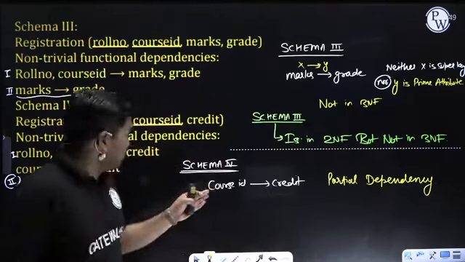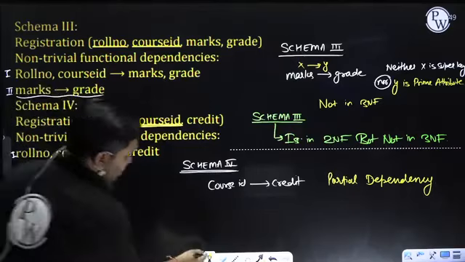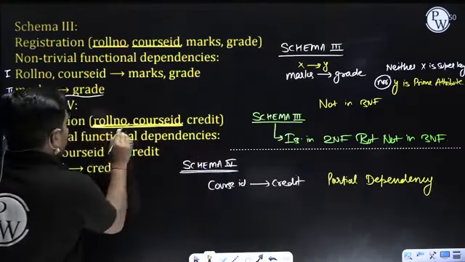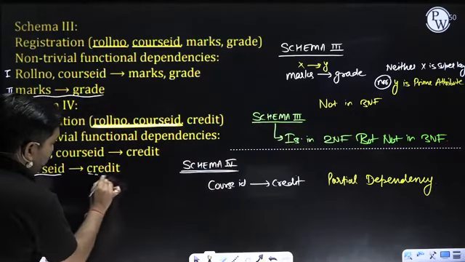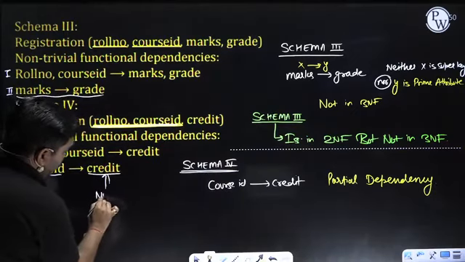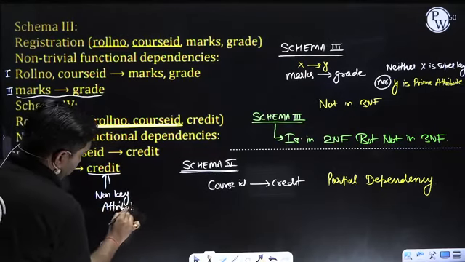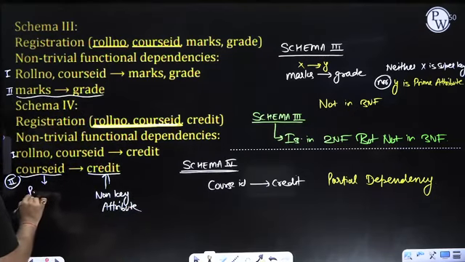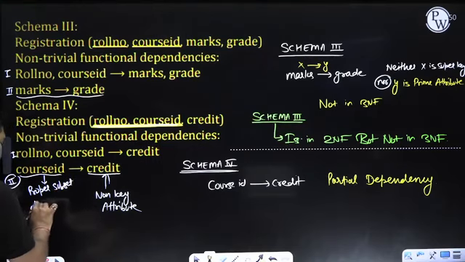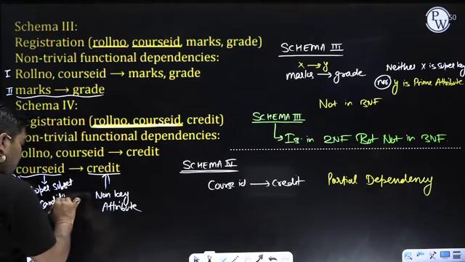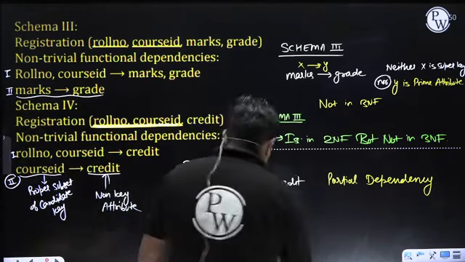Because it is a proper subset of a candidate key to a non key attribute. This is a non key or non prime attribute, and this is a proper subset of a candidate key. So what can we say? Not in 2NF.